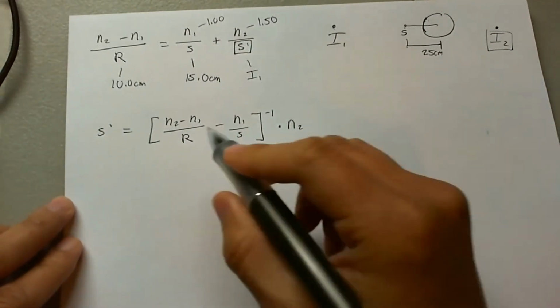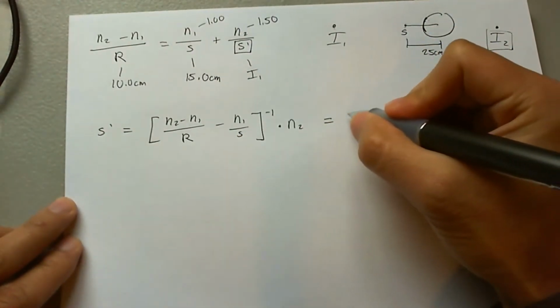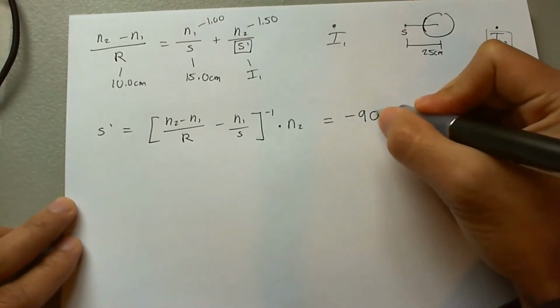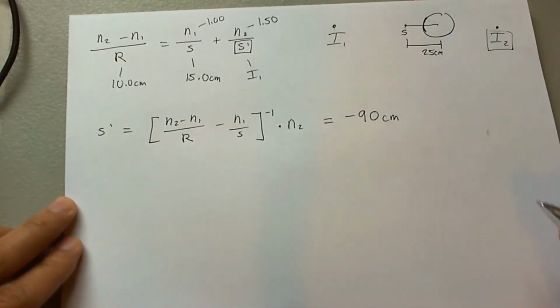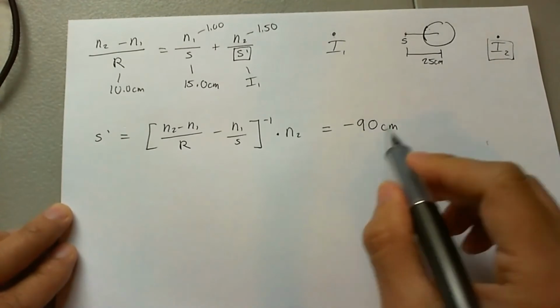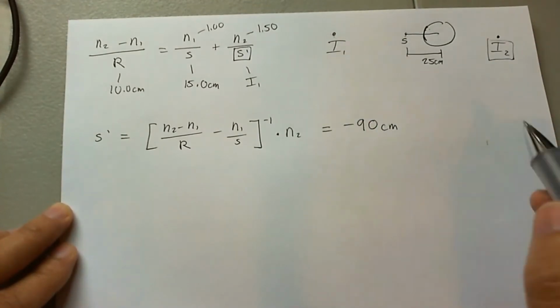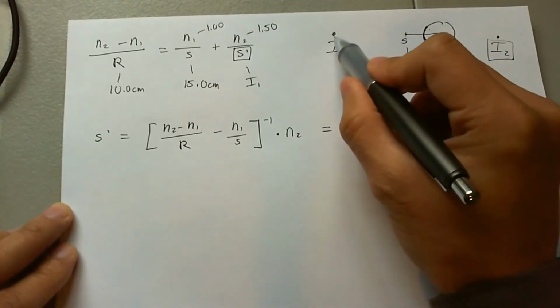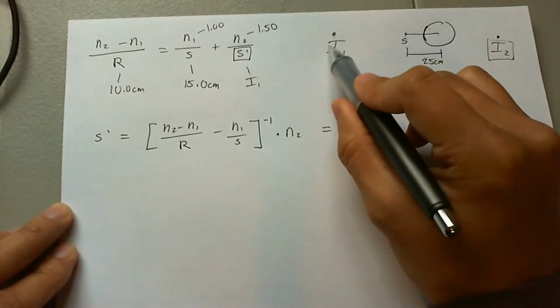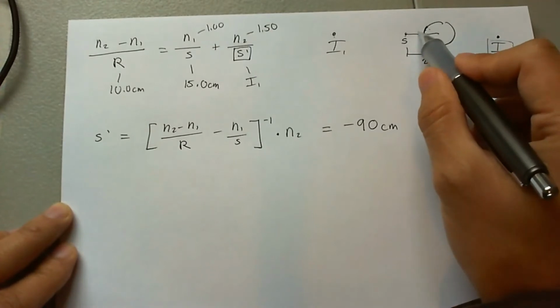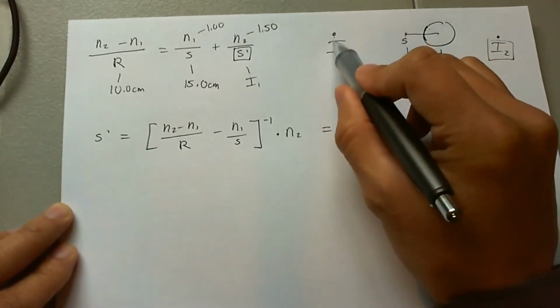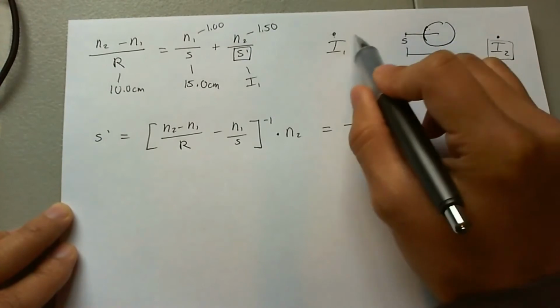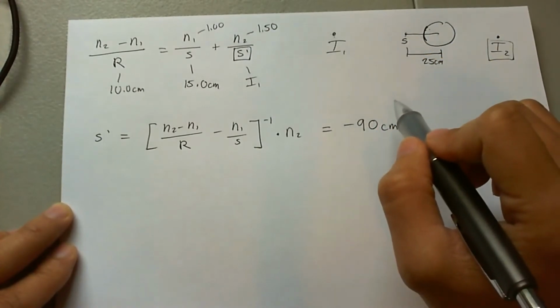Doing the calculation, plugging in all the numbers, you're going to agree that it becomes negative 90 centimeters. And as the picture suggested, the image should be negative because it is right here. It is to the left of this particular border. So negative 90 centimeters from this border is where the first image is.